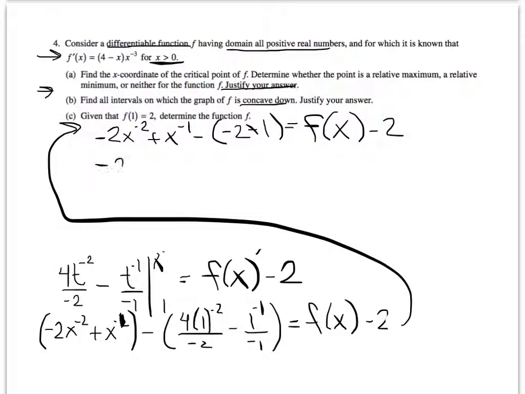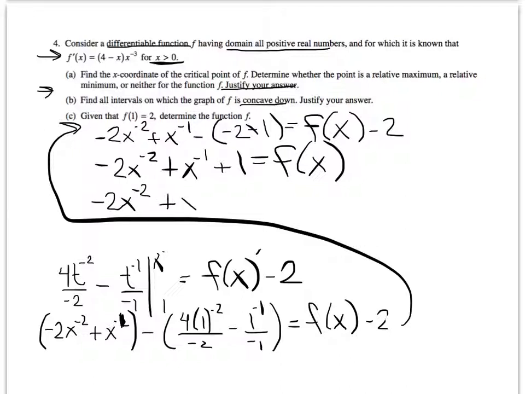So it's negative 2x to the negative 2 plus x to the negative 1, and negative 2 plus 1 is negative 1 minus, so it's plus 1. And then I add 2 to both sides. So the function is, here we go, folks, negative 2x to the negative 2 plus x to the negative 1, add 2, 3. There we go. Nice work.